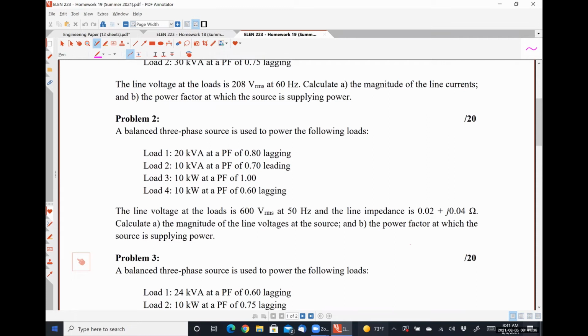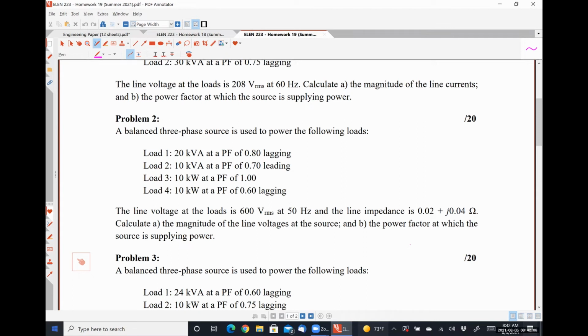So you'd find the total complex power absorbed by the loads, use that to figure out the line current, use the line current and the line impedance to figure out the voltage drop over the transmission line, and then add the voltage drop over the transmission line and the voltage drop over one phase of the loads to get your magnitude of your line voltage at the source. And then the power factor bit, pretty easy.